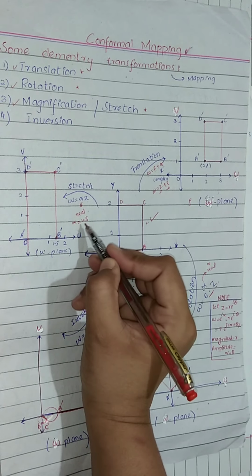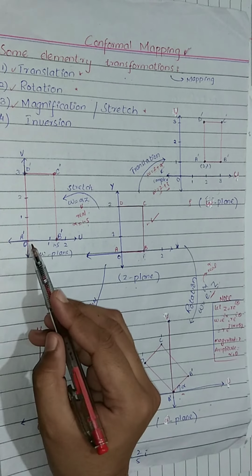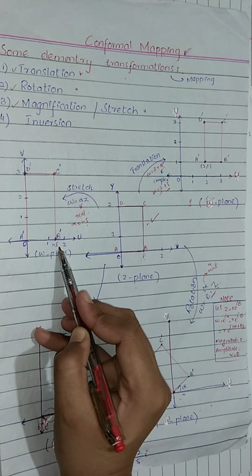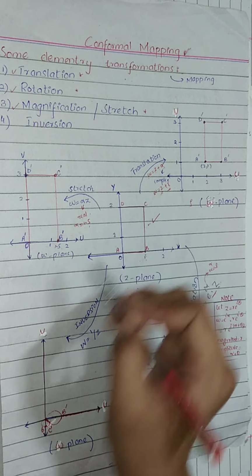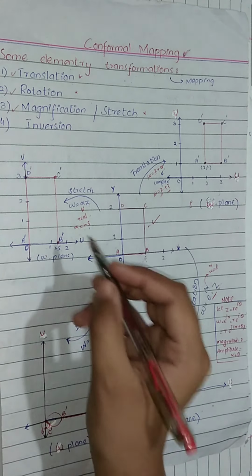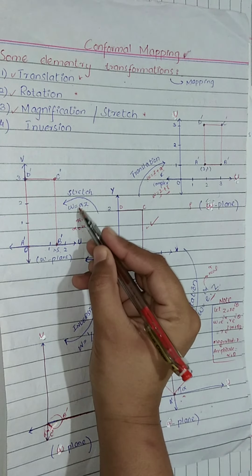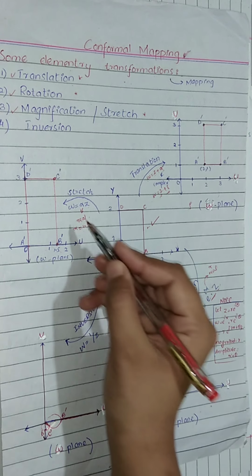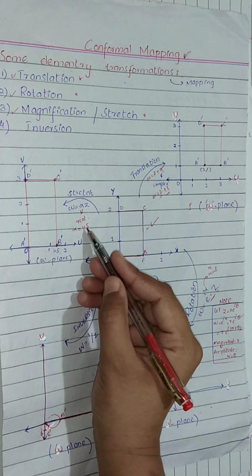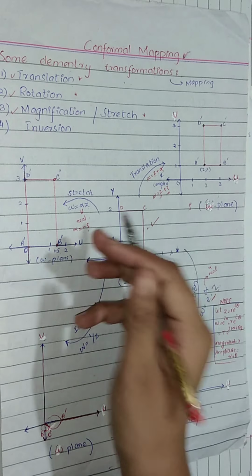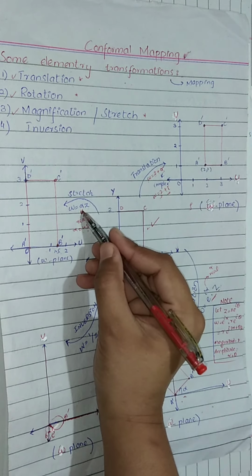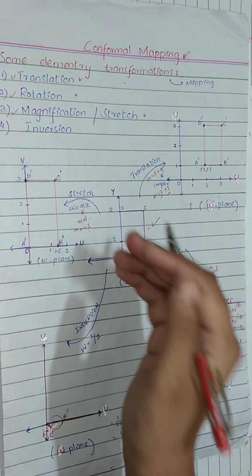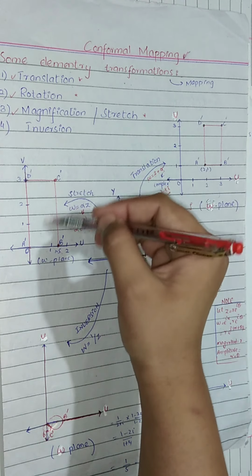If we take alpha equal to 1.5, then our graph moves from 1 to 1.5 and it will also move along this side. Basically, alpha is a scaling factor. If we put alpha greater than 1, then our graph will stretch outward. If alpha is less than 1, then our graph will shrink inwards.